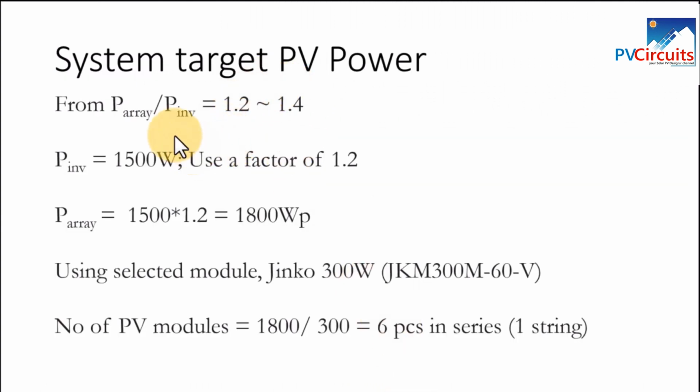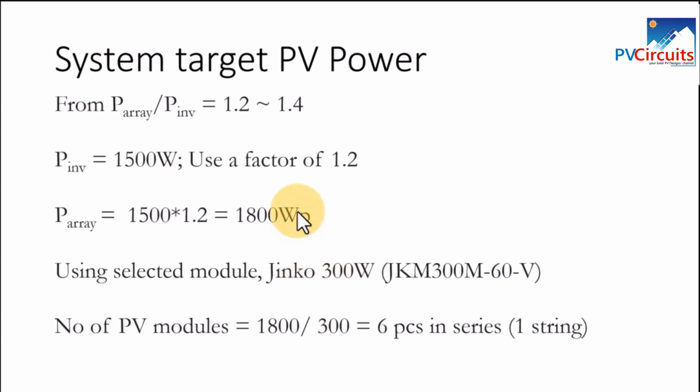From this equation, now that because we have the inverter at 1500, we have to up the array power by using a factor of 1.2, so that it moves up now to 1.8 from 1500 that we had calculated before.